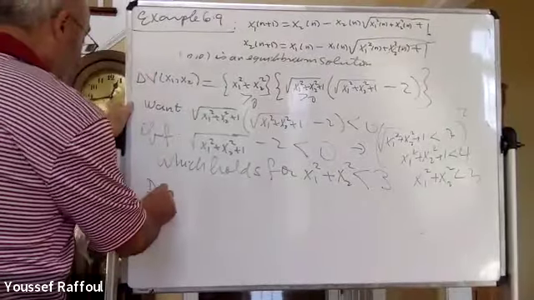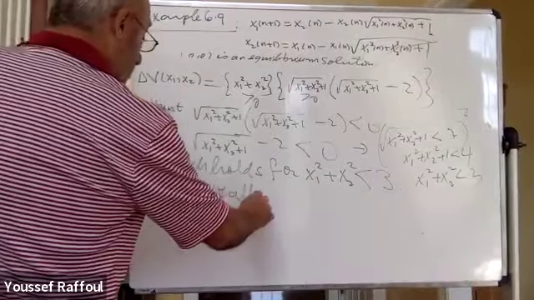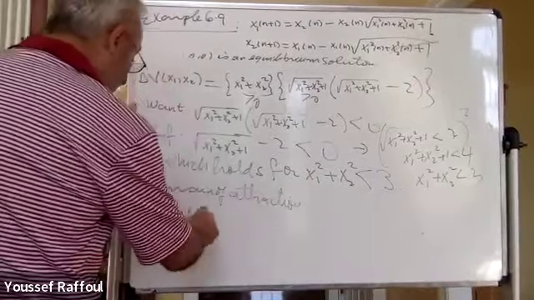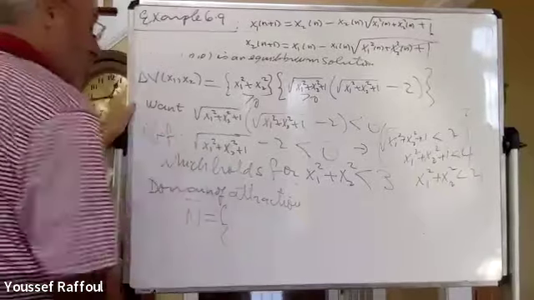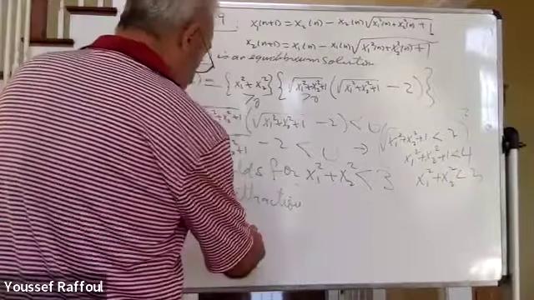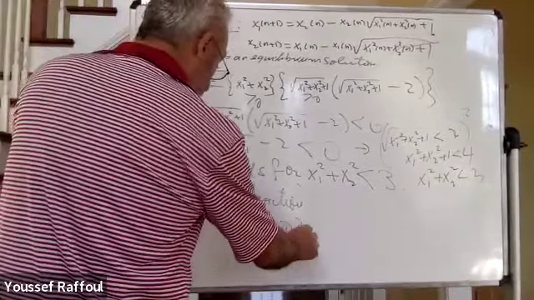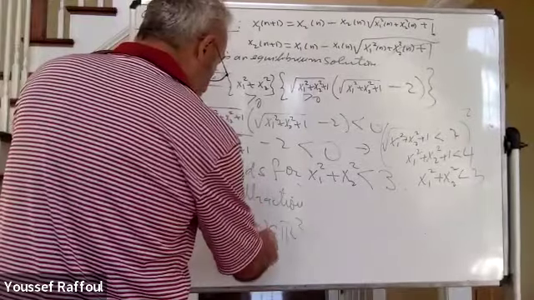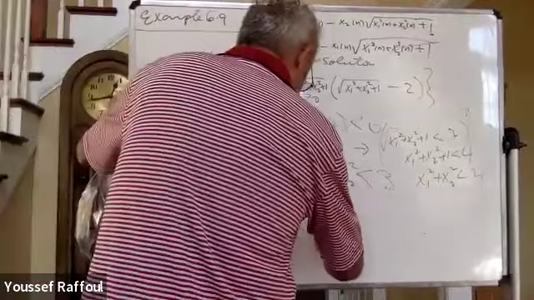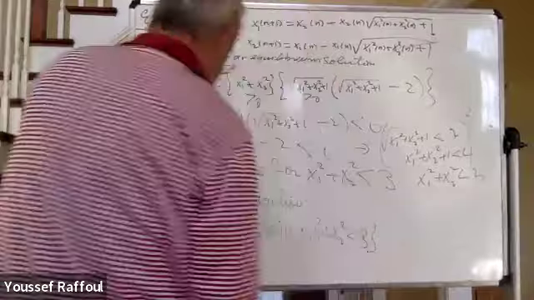So the domain of attraction is N bar equal to (x1, x2) belonging to R2 such that x1 squared plus x2 squared less than 3.